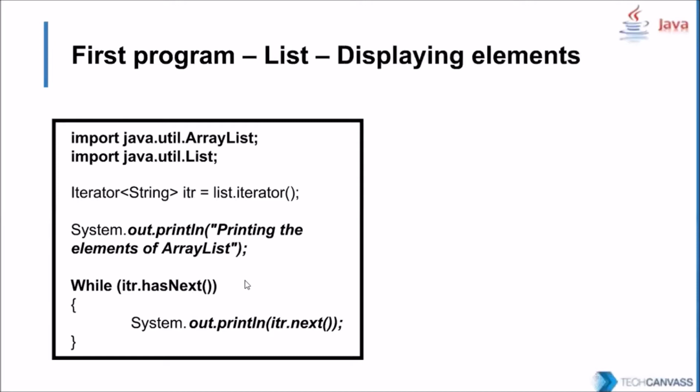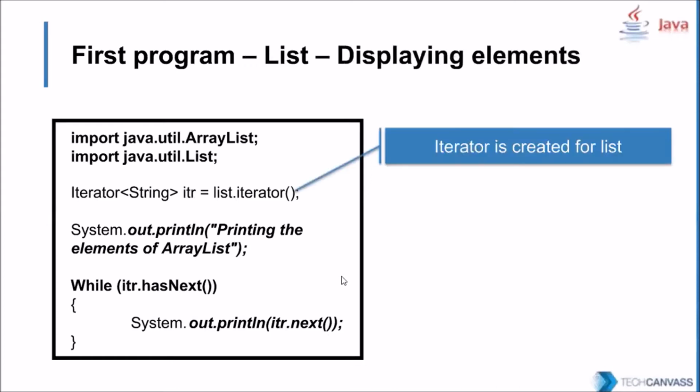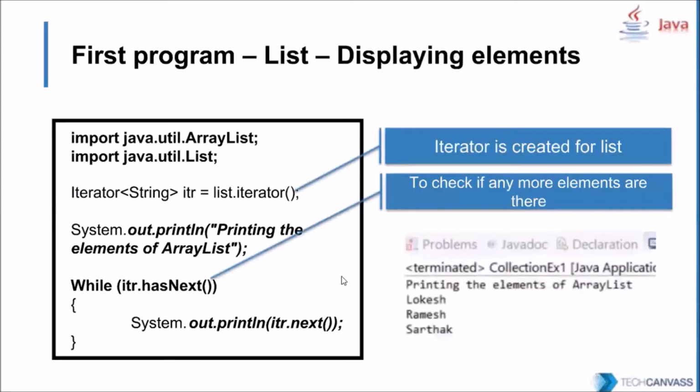If there is no next value, it will return false, and this loop will be terminated. To print the next value, we do it this way, itr.next(), and it will print the next value. So for the previous example, it would print Lokesh, Ramesh, and Arthur.